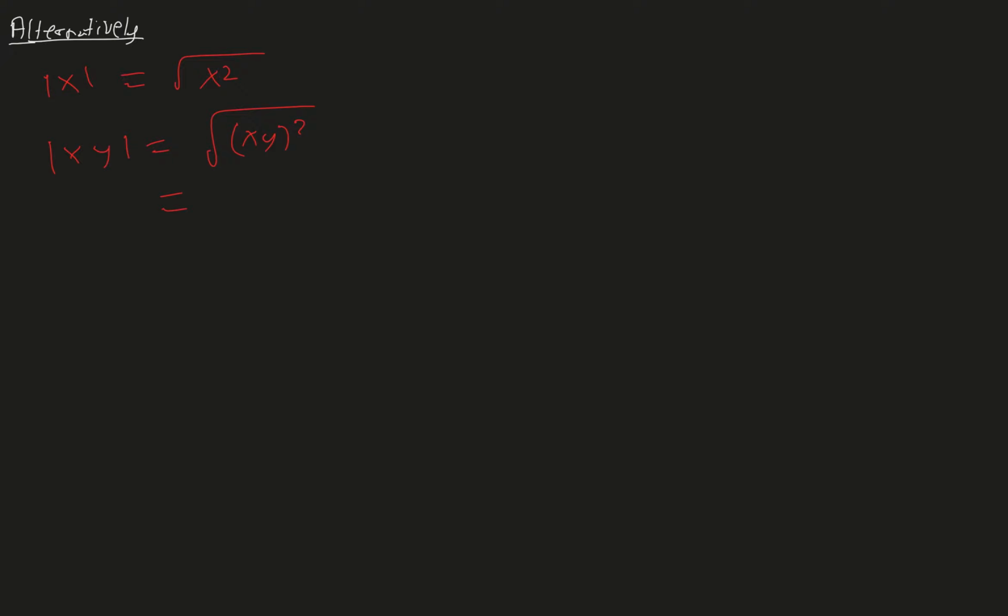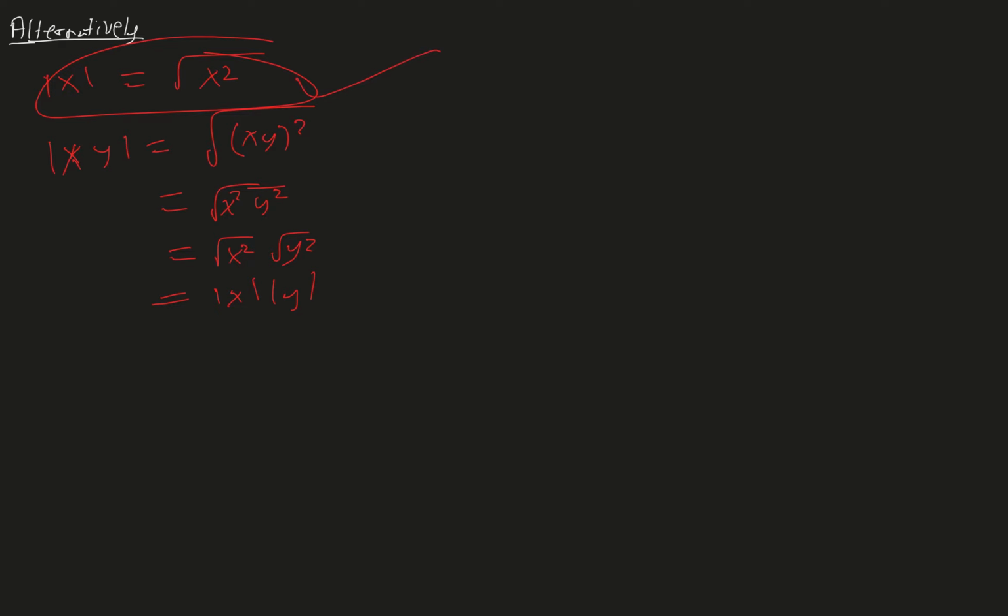You can further write this as modulus of x squared y squared, and this breaks down to modulus of x squared dot modulus y squared, which is the same as modulus of x dot modulus of y. This is a simple way to prove this, but I didn't choose to do this because we'd have to prove this anyway using cases.